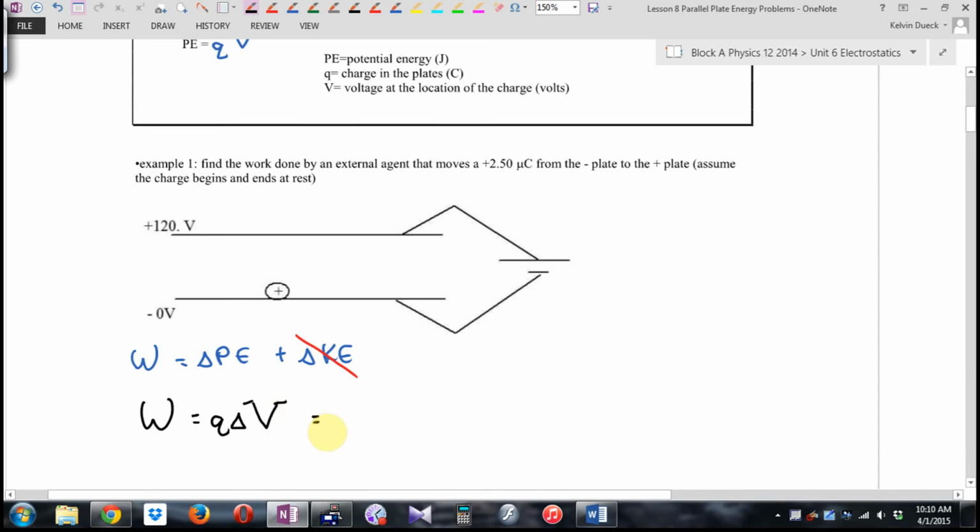How big is the charge that we're moving? 2.5 microcoulombs. How many volts are we moving it through? What's its change in voltage? 120.